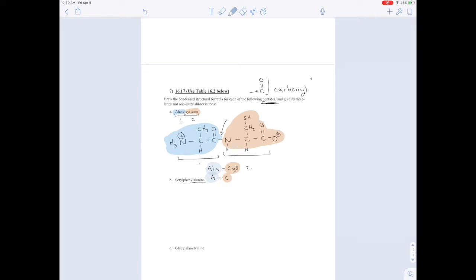So that is the condensed structural formula and the 3-letter and 1-letter abbreviations for alanylcysteine.